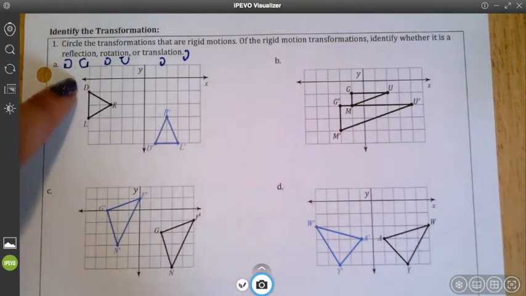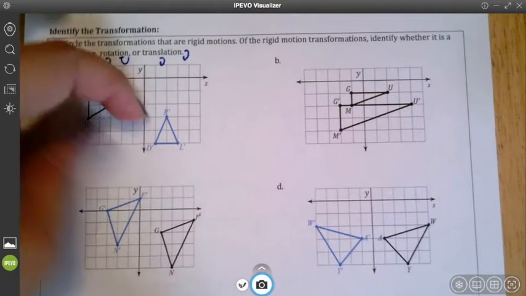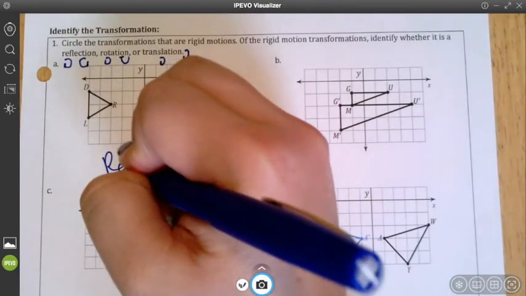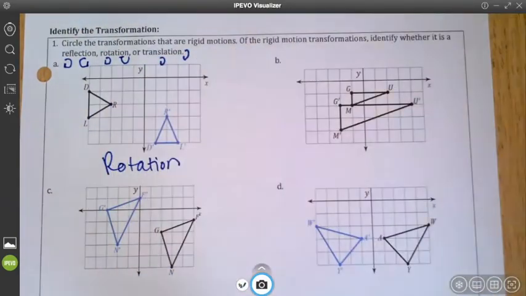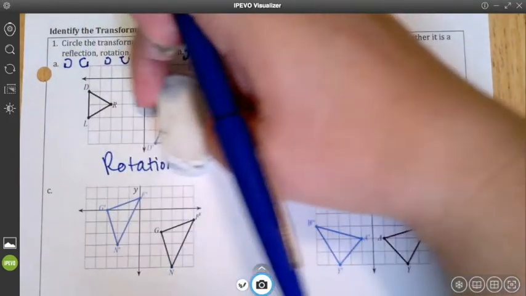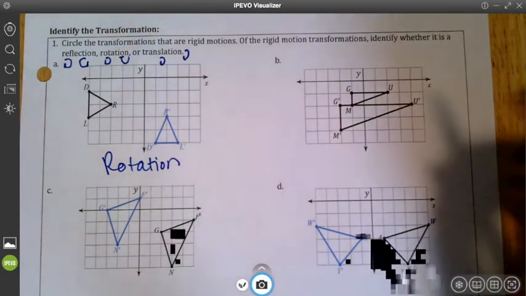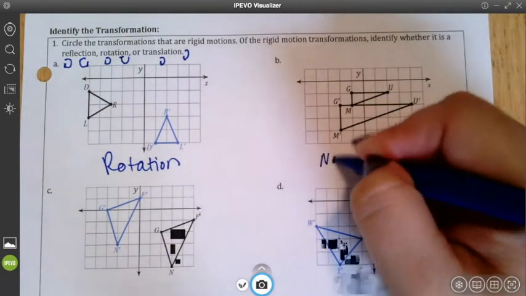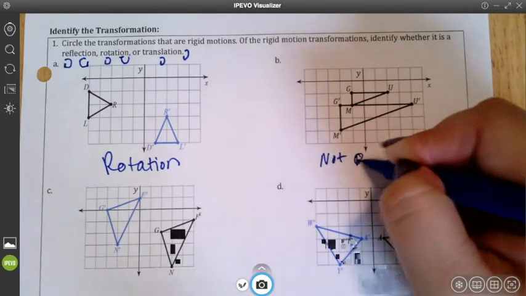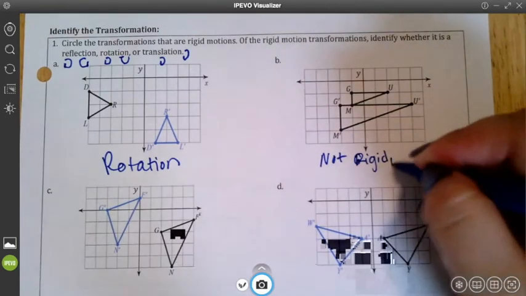So RDL, RDL, this is a rotation. If I took a picture of RDL and I moved it, I would have to rotate that picture. Okay, B is not rigid. It changed size.